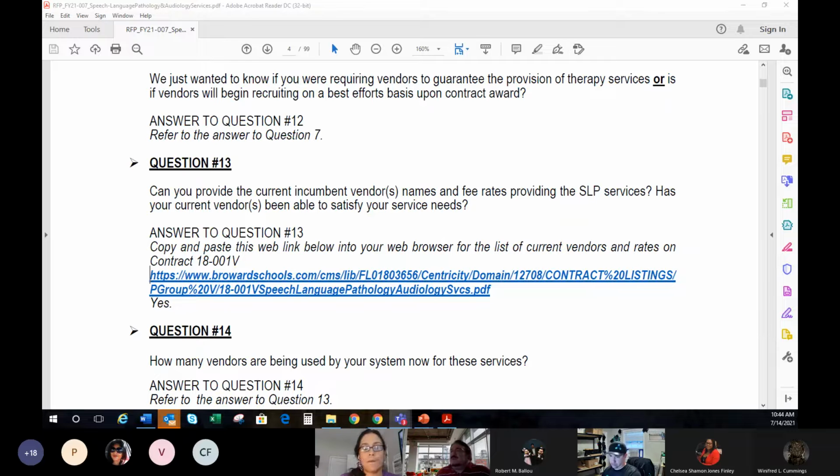So again, if I have this bid coming up for speech therapy services, you may want to look on the website to see if I've released another RFP. Now, also to state, we have two one-year renewals built into the contract term. So if the user department wants to renew the contract with all of the awarded vendors for a year, they can do that.